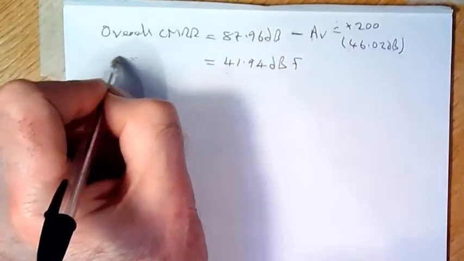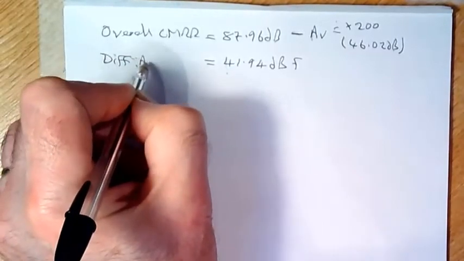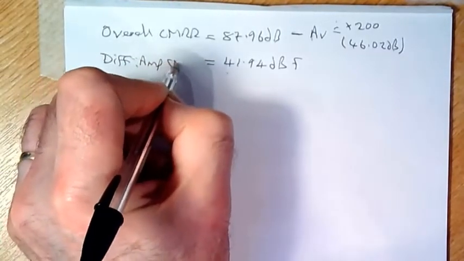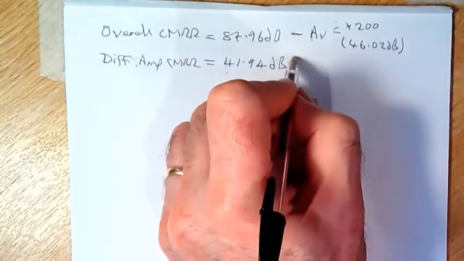So the difference amplifier common mode rejection ratio equals 41.94 dB.